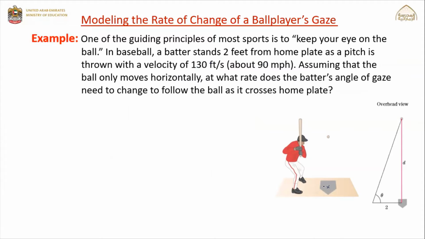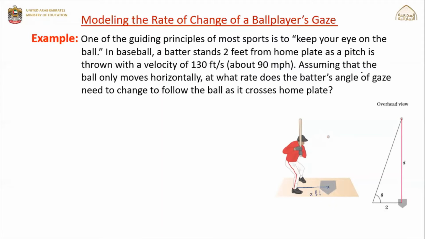So the distance between the batter and the home plate is 2 feet. A pitch is thrown with a velocity of 130 feet per second, about 90 miles per hour. So the velocity of this ball is 130 feet per second.